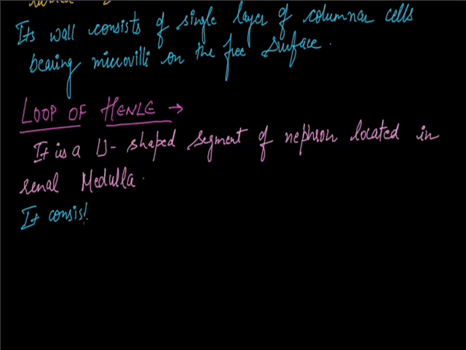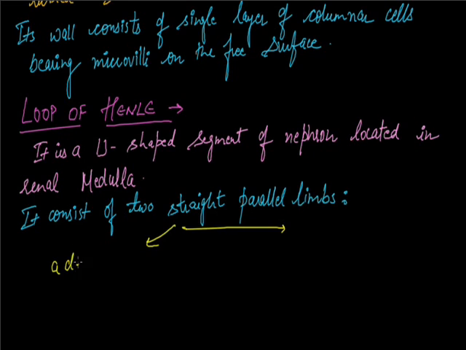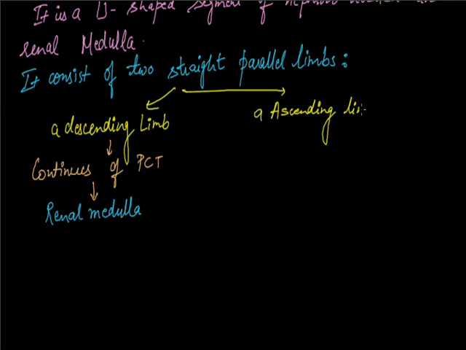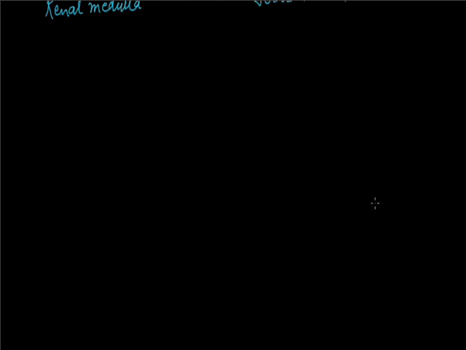It consists of two straight parallel limbs, a descending limb which is continuous with PCT and opens up into renal medulla, and the other is an ascending limb which re-enters the cortex and gets joined to the DCT. This is about the loop of Henle.